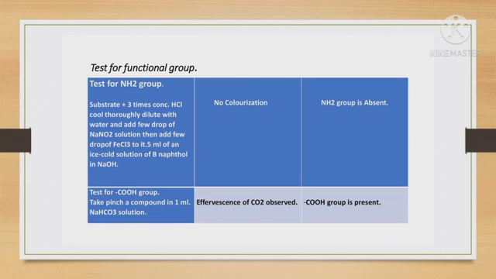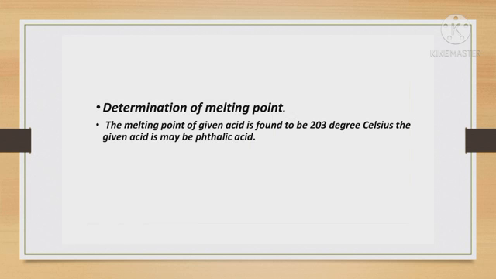Test for COOH group: take a pinch of the compound in 1 ml NaHCO3 solution. Effervescence of CO2 observed. COOH group is present. Determination of melting point: the melting point of the given acid is found to be 203 degrees Celsius. The given acid may be phthalic acid.